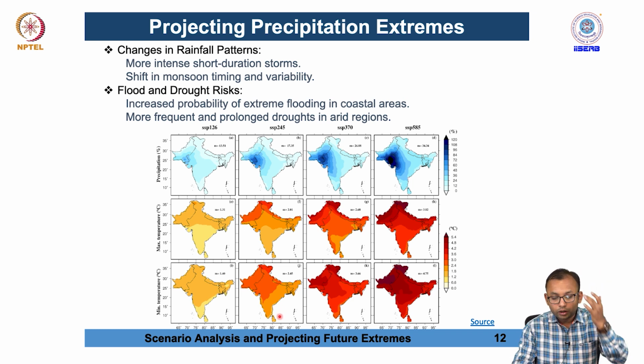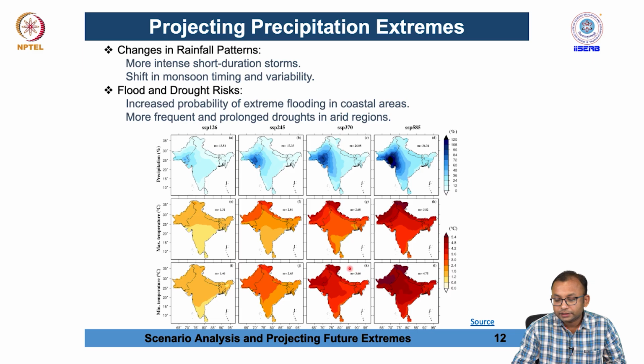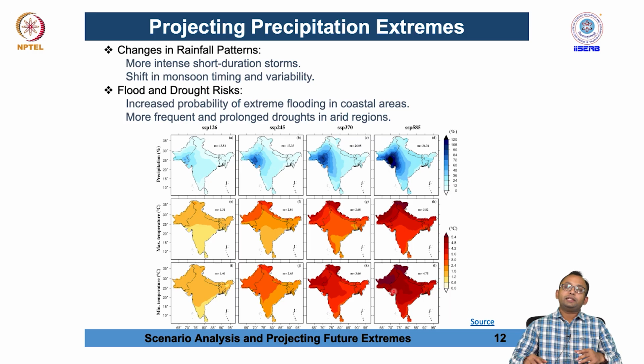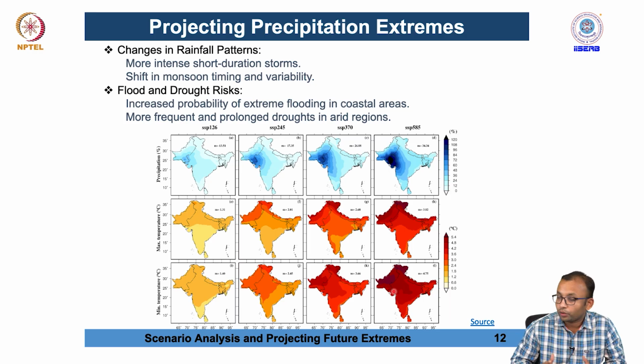And then we have also talked about, let us say, minimum temperature conditions. Here also we can see that there are significant places where, in the higher emission scenarios, the minimum temperature is also likely to increase, which means less winter time or not very low temperature winters in the future conditions.